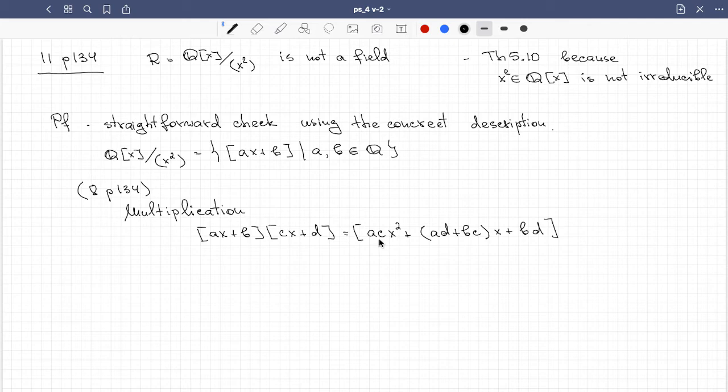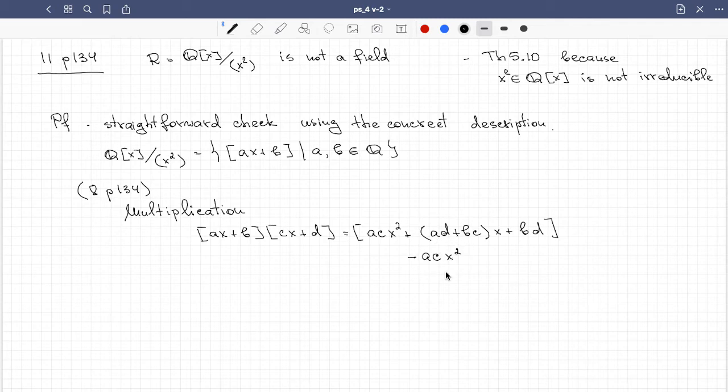If a times c is not 0, we want a linear polynomial in the same class. We want to get rid of this term. This is the class of this quadratic polynomial. For that, we do long division by x squared, or simply subtract acx squared.